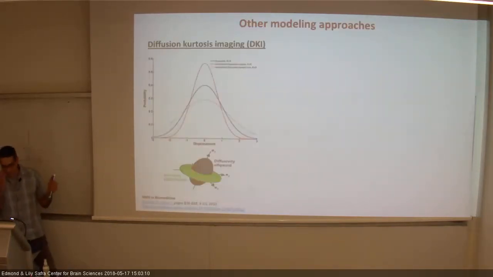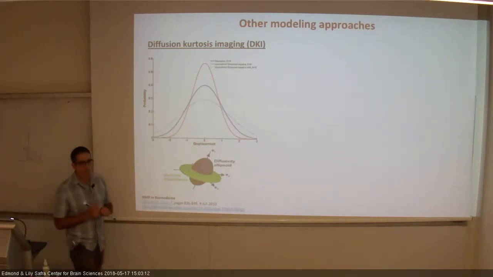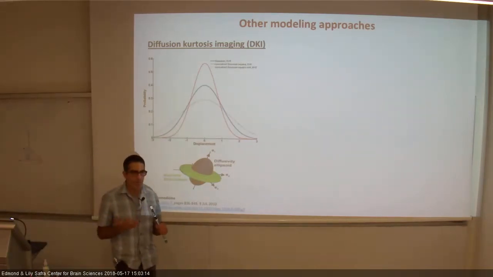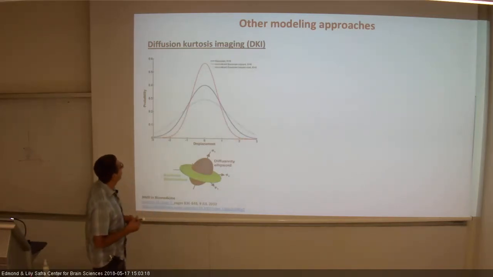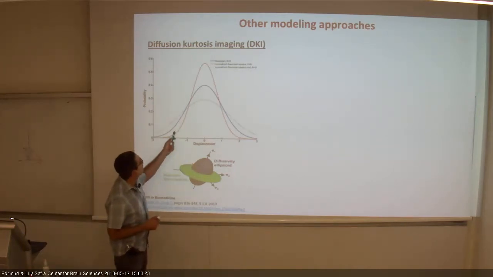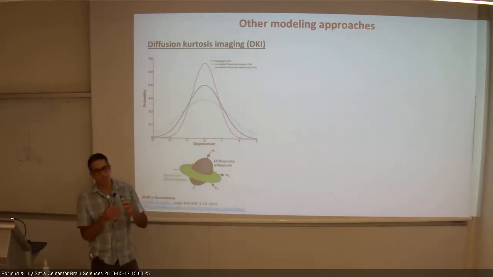But there's other approaches. Maybe instead of using a tensor, we're going to use more complex shapes, like adding what we call the kurtosis. So the tensor assumes some kind of normal diffusion. We can assume non-Gaussianity in the diffusivity.